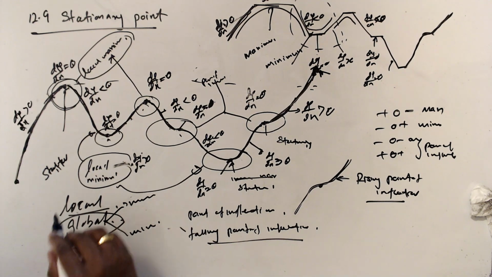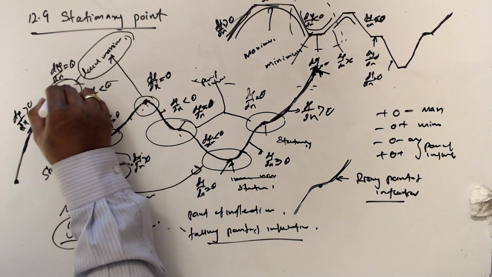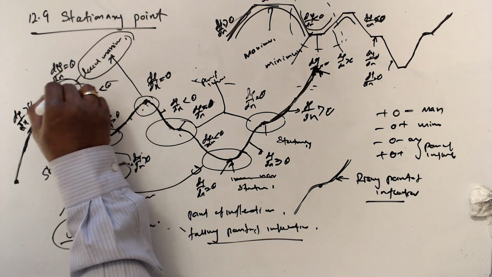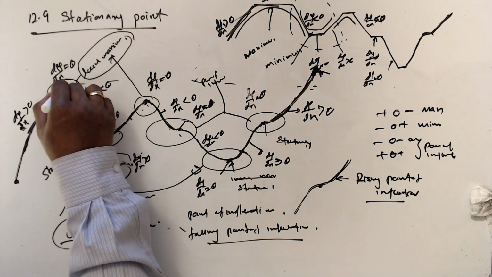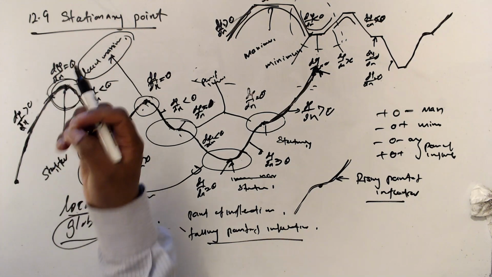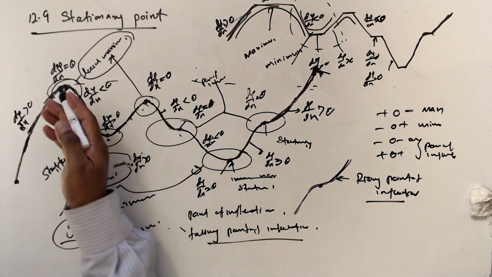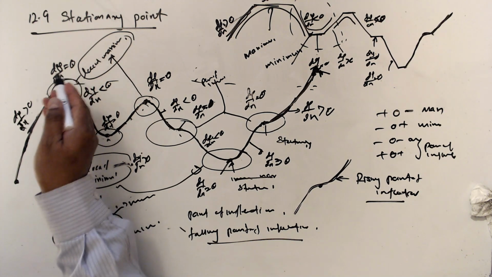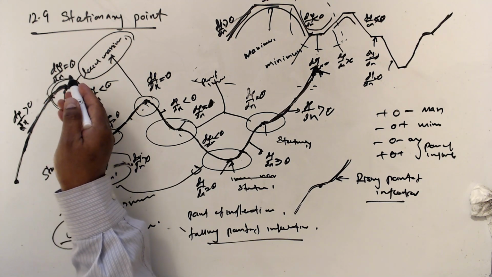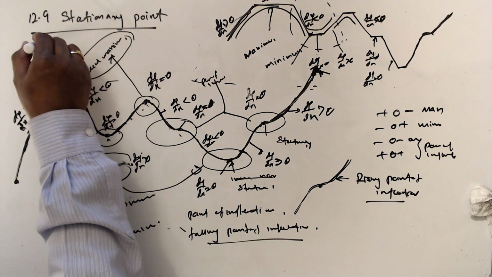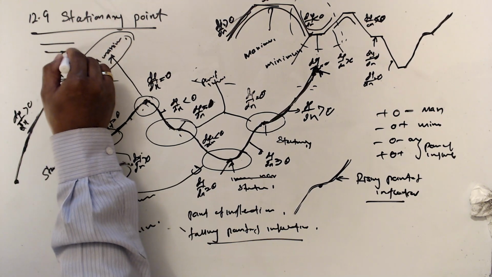So how do you know that? How do you find the stationary point? What is the characteristic of the stationary point? Neither increasing nor decreasing. It means the gradient has to be equal to 0, or it is a tangent line parallel to the x-axis.